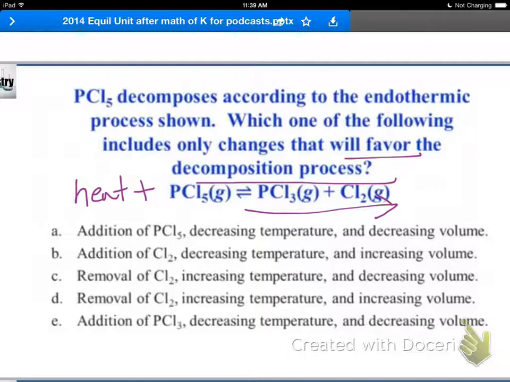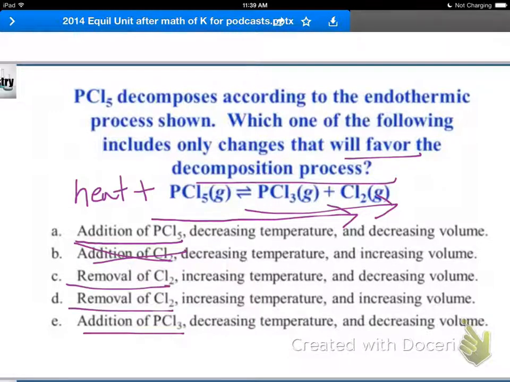It's going to want to shift away and move right. So addition of PCl5 will do that. What about if I add Cl2? If I add Cl2, it's going to shift me left away from the Cl2 that was added. So addition of Cl2 is not it, but the removal of Cl2, in order to get it back, it's going to shift right. So removal of Cl2 will.